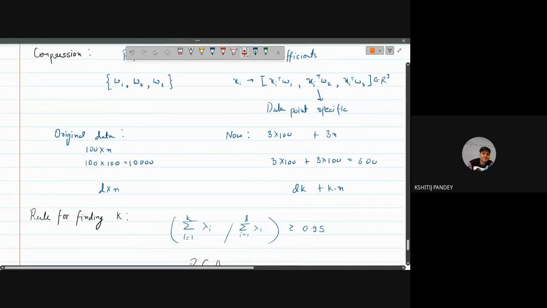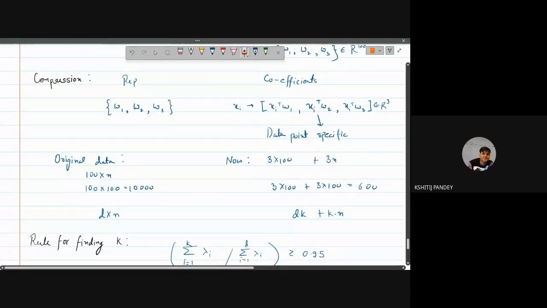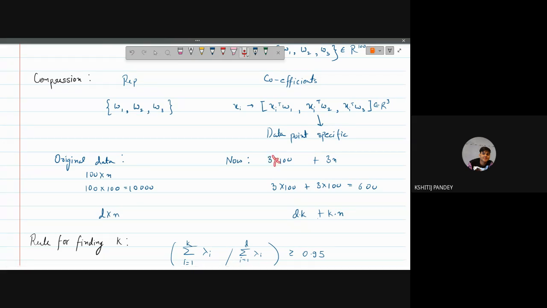So originally the case was, let's say your data is in R100, you have n data points. So this is your memory storage required. But now here you just have to store 3 vectors. These are the 3 vectors and they are in R100. So 3 times 100. And for each data point, you have to store 3 scalars. This is 3 times n.